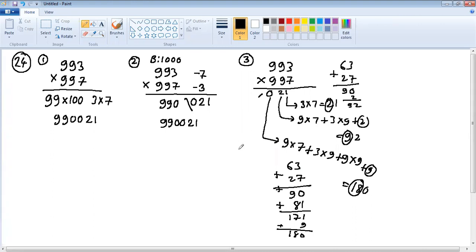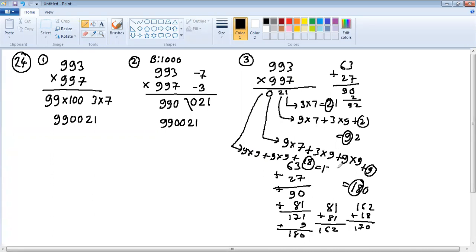Next step, 9 into 9 plus 9 into 9 plus 18 of the previous. So 81 plus 81 gives you 162. 162 plus that carry 18.